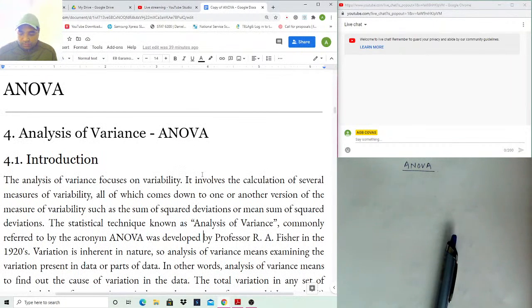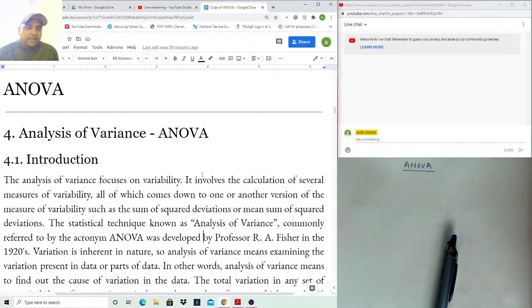Good afternoon, students. In our previous lectures, we have completed most of the tests which constitute your large sample test, in which we have studied the Z test. Then we have also studied the small sample tests, in which we have studied the T test, chi-square and F test.